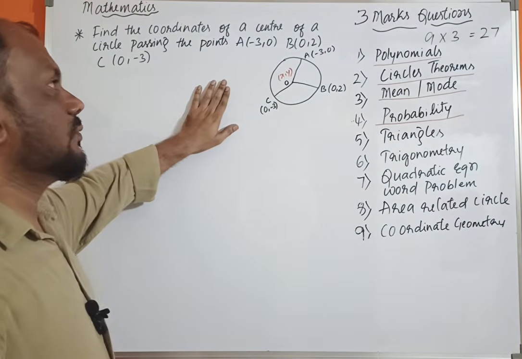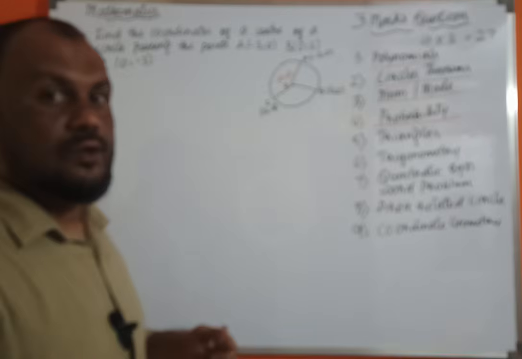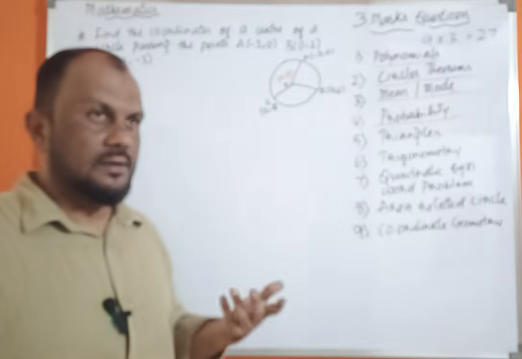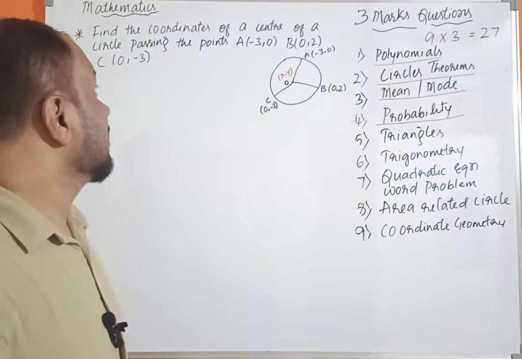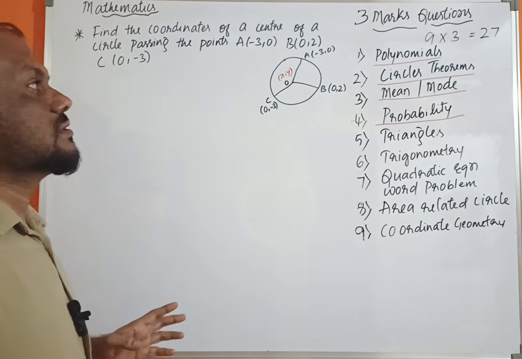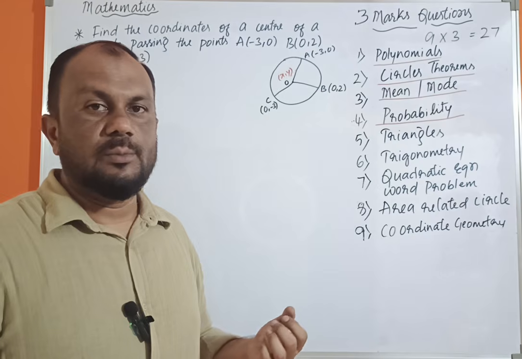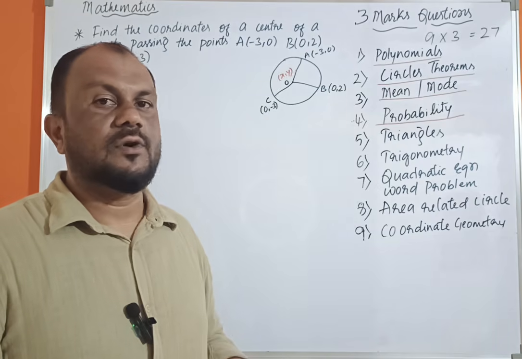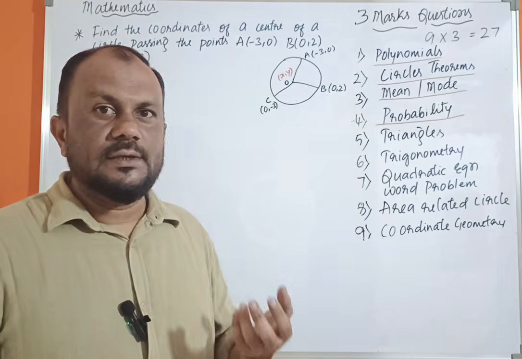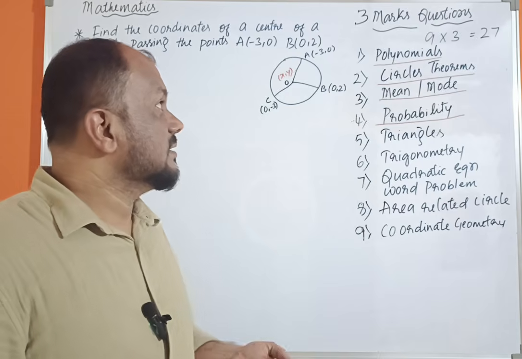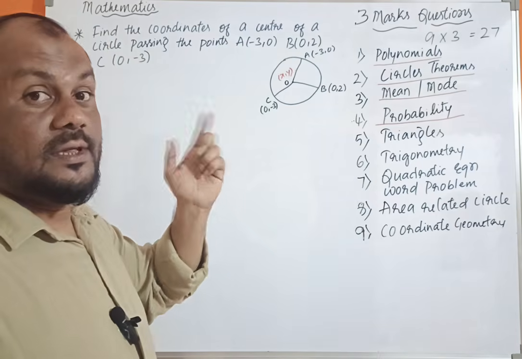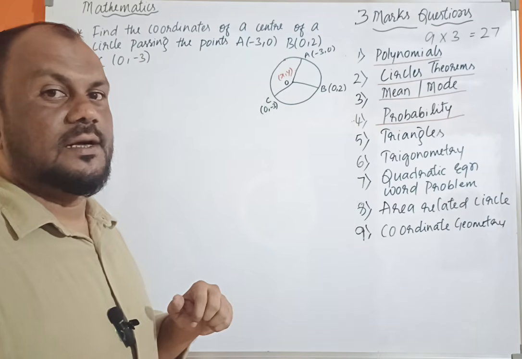Here you can see there is one sum which is there in your preparatory or in model question paper. It's a kind of new sum. You cannot find it in your textbook. Maybe by using section formula, distance formula, midpoint formula, you have the ability to solve the questions. But this is something new which will make you think how to start.